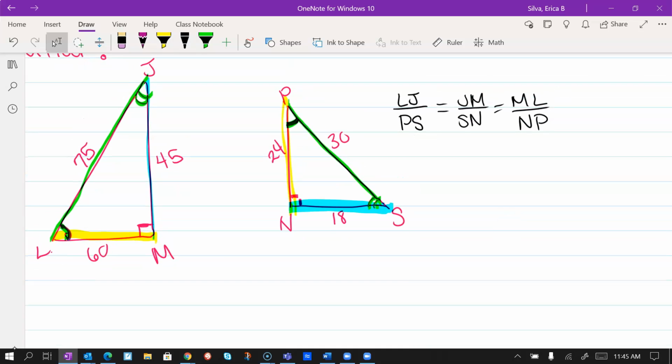So LJ is 75 over PS, which is 30. JM is 45 over SN, which is 18. And then we've got ML, which is 60, divided by NP, which is 24.